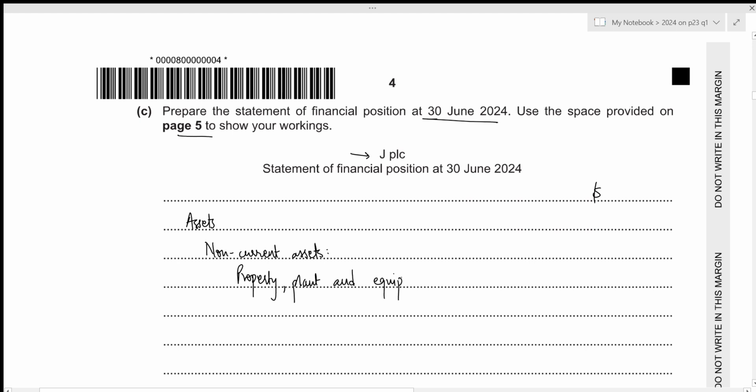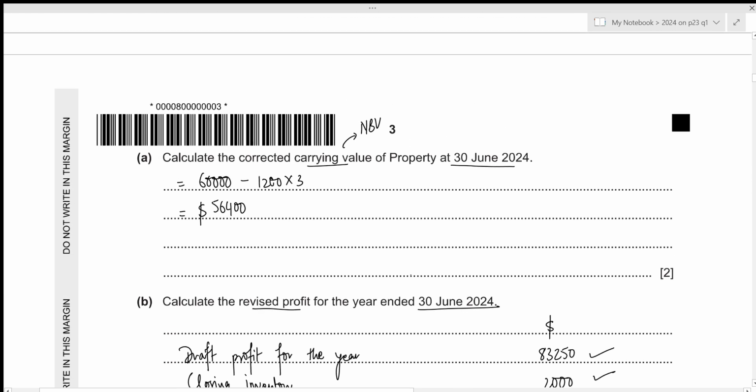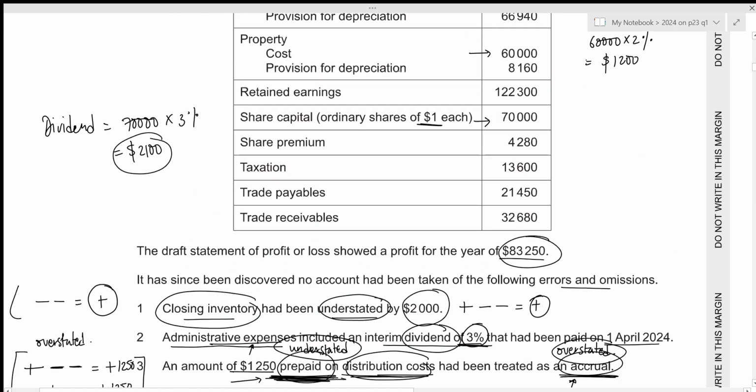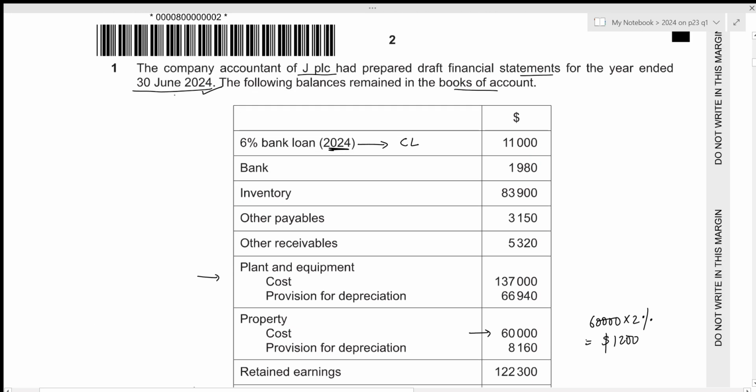And always remember that when showing our non-current assets within the statement of financial position, we record their net book value. So we need the correct net book value. And in this case, within the first part, we've already calculated the correct carrying value, or the net book value, for property. So to this value, we just need to add the carrying value of the other non-current asset, which was plant and equipment. Okay, and remember that these are the information at the closing date.